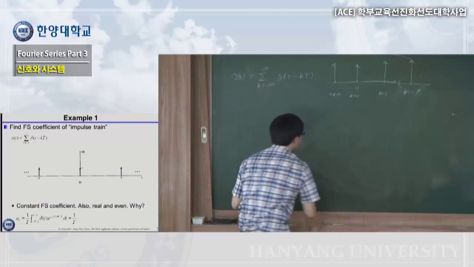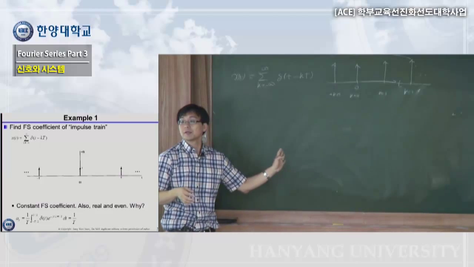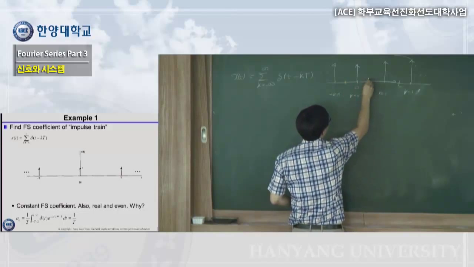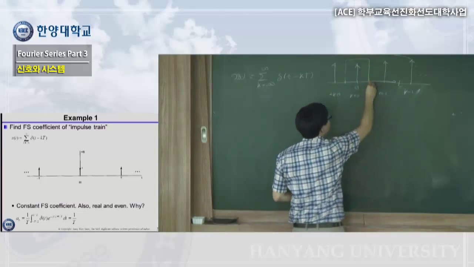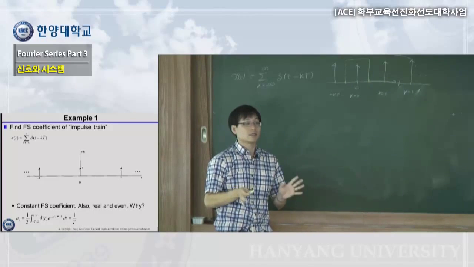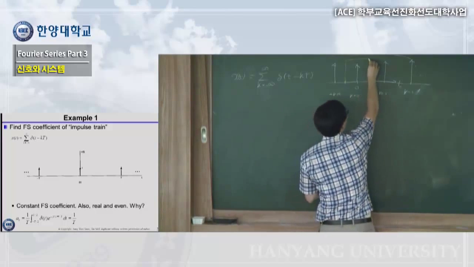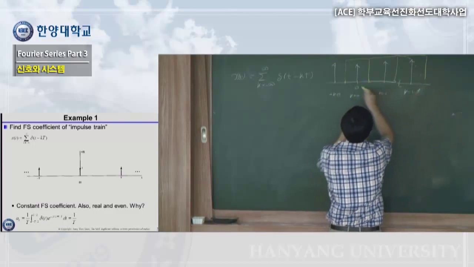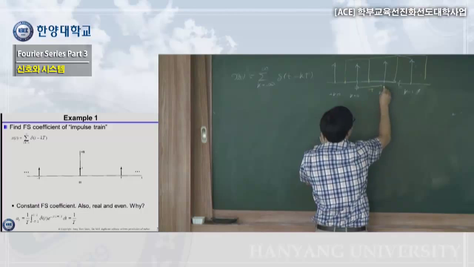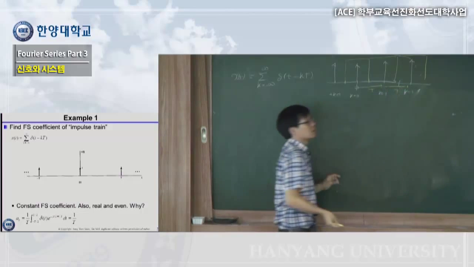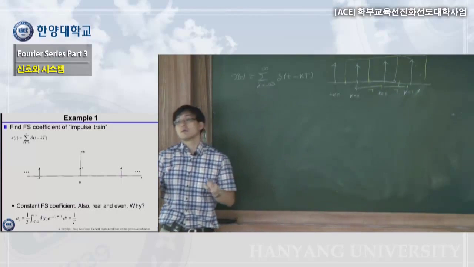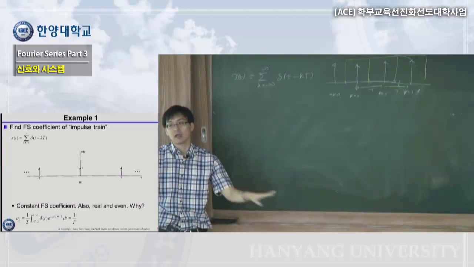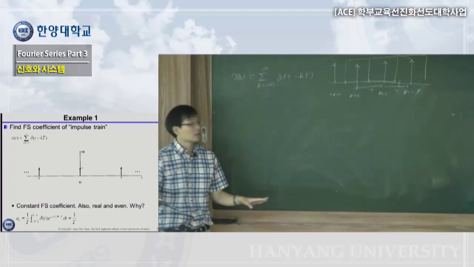So we can think that this is a periodic signal. From here to here, this is a set, which keeps on repeating. This set is repeating every T. Remember, the Fourier series is only valid for periodic signals, not for non-periodic signals.